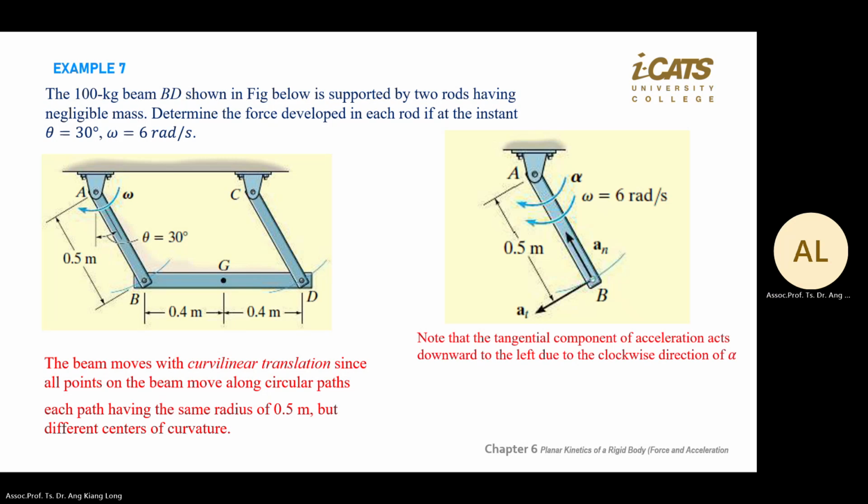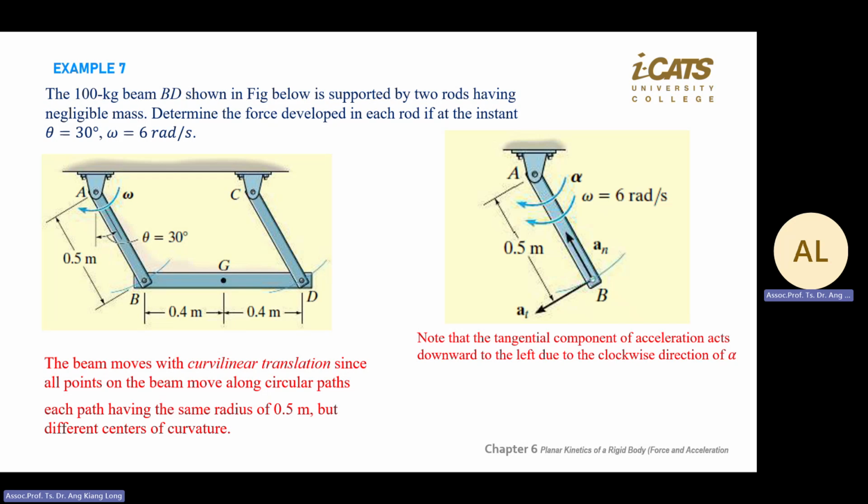So for member AB, because point B is having rotation, you have normal and tangent at point B. This is another diagram that is for your MA. So at point B, you have a circular motion, so you have AT at point B and AN pointing in because of the curve.